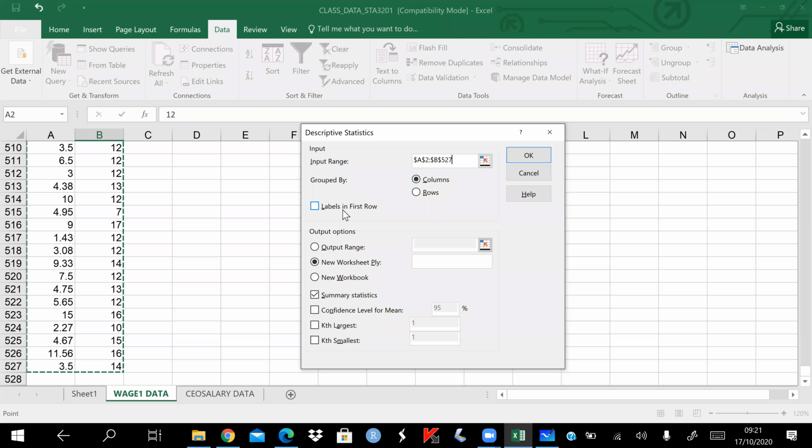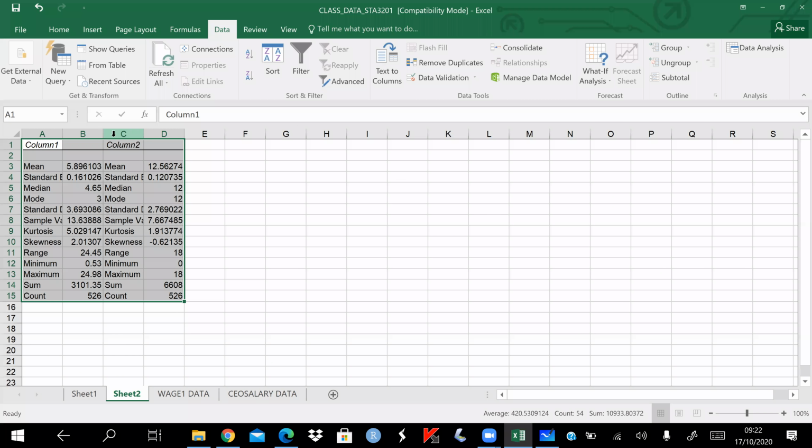Then I can check this option, which is usually unchecked, so that I get the descriptive statistics, things like the mean, the median, the mode, and so on. I say okay; my output will go to a new worksheet. So you say okay, and here is the information.